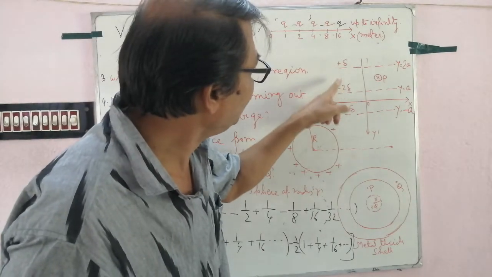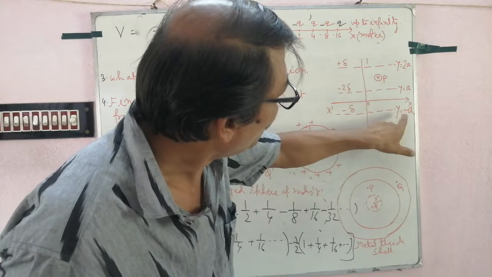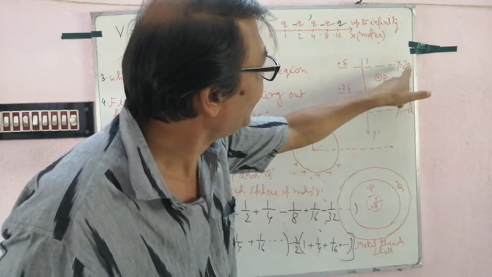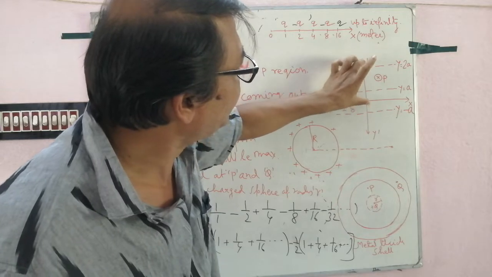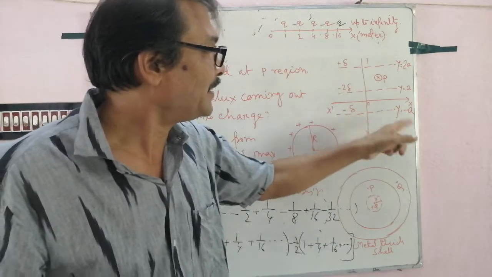Follow, this is the charge density. The distance, x value of y: minus a, plus a to a. That is this distance a, this distance a, this distance downward, that is minus a.